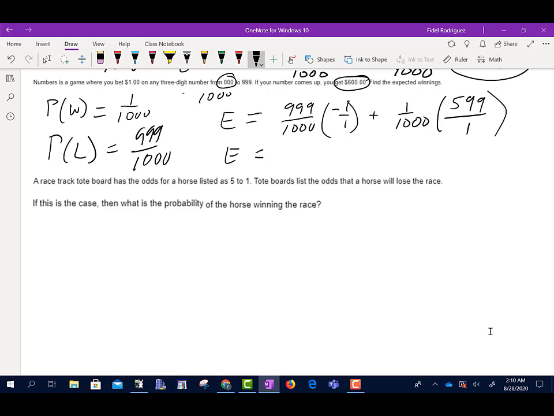This is almost real similar to the one we just did before. So notice this is negative 999 plus 599 all over 1,000. That's going to give me negative 400 over 1,000, which is negative 0.40. So again, on average, each time I play this game, I'm losing about 40 cents, right?